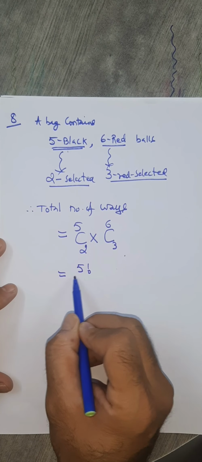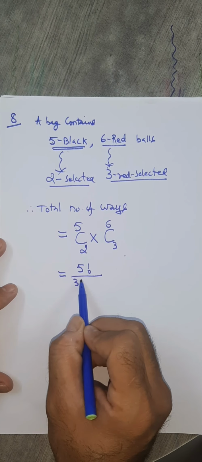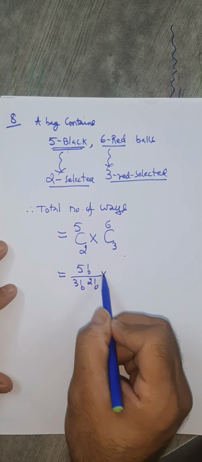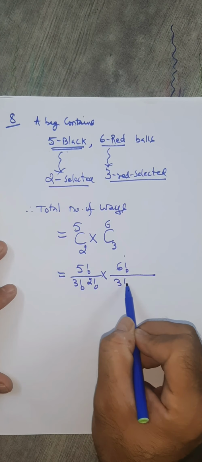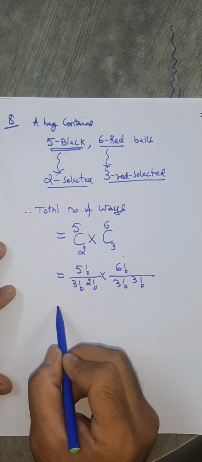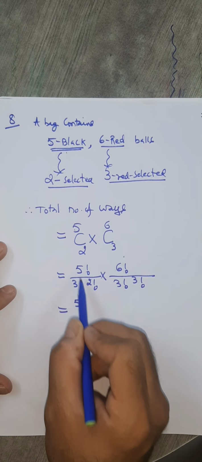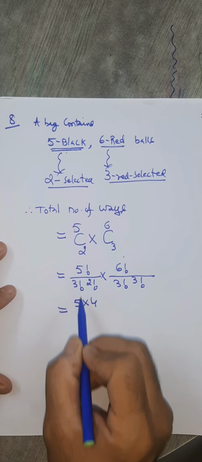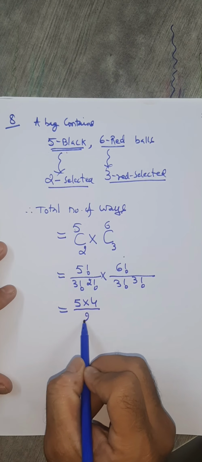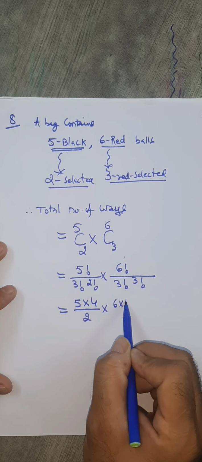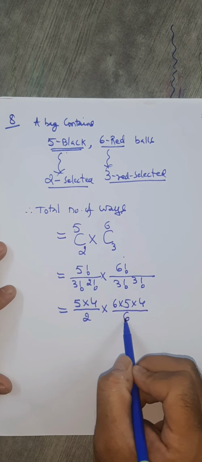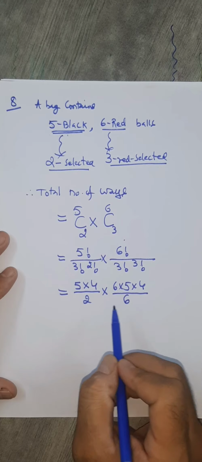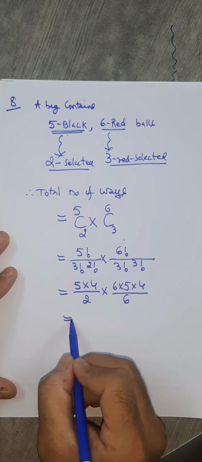This is 5 factorial upon 5 minus 2, which is 3 factorial into 2 factorial. Here 6 factorial, 6 minus 3, 3 factorial into 3 factorial. So 5 into 4 upon 2 into 6 into 5 into 4. 3 factorial will get cancelled, 3 factorial is 6, and 6 will get cancelled.